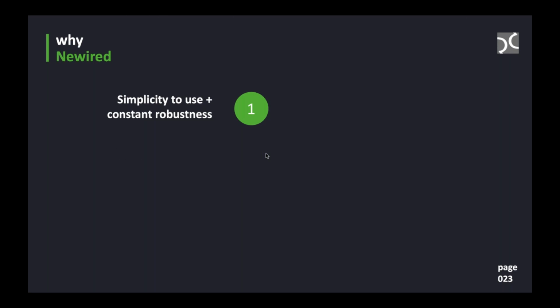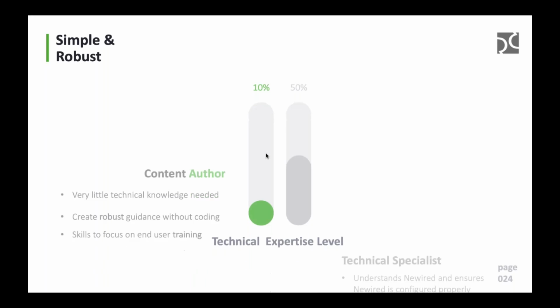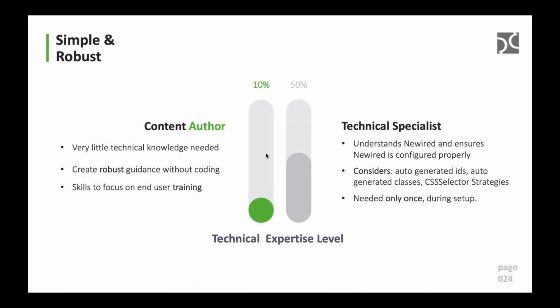The first one is about simplicity and robustness. And honestly, it's always the first slide I highlight when I speak about these unique characteristics, but it's also the most difficult to explain. Because honestly, that's our job, to make it simple and robust.